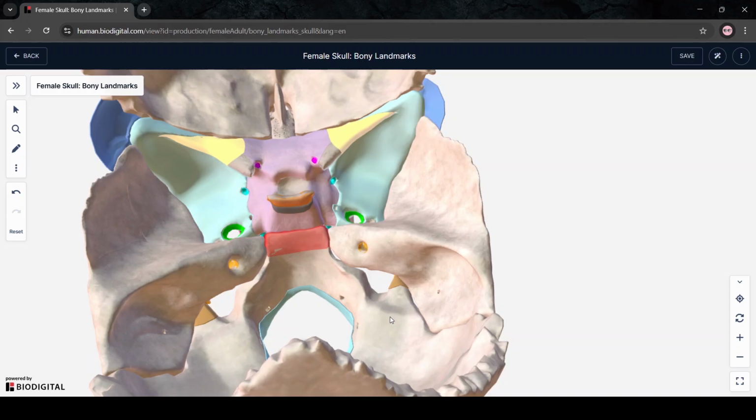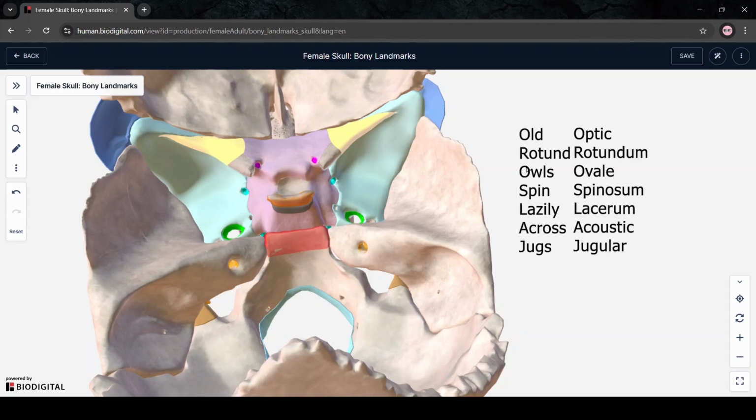Now, for a quick mnemonic for you guys to remember the foramina. This only covers some of the middle and some of the posterior. Old rotund owls spin lazily across jugs. Old is for optic, rotund is for rotundum, simple.